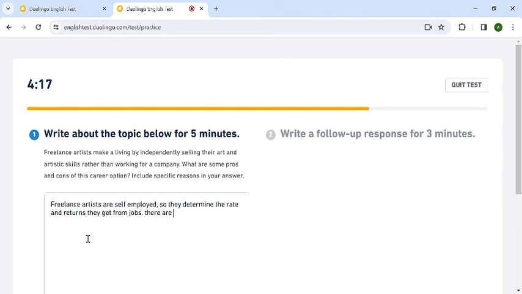There are some advantages, which include determining their own work hours, rejecting or taking jobs at their discretion, and getting paid based on their set rate.